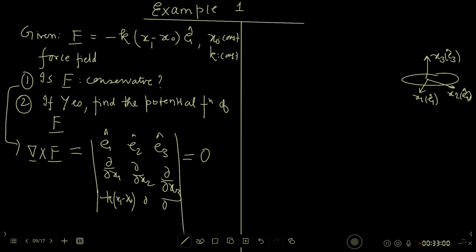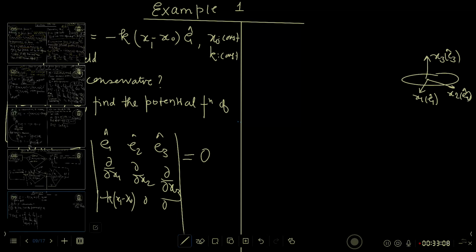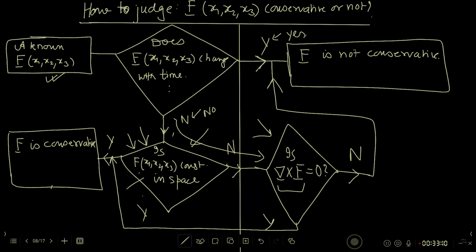Almost visual. I am not writing all the steps, but this will turn out to be 0. Flowchart. Does it depend on time? No. Came here. Is it a constant? No. Is del cross F 0? Yes. Conclusion is force is conservative.